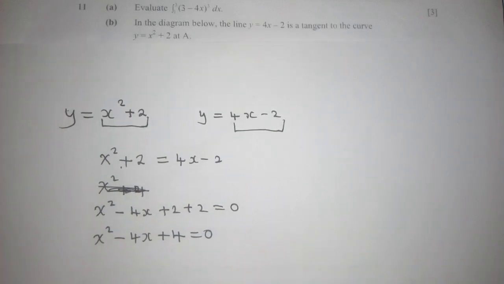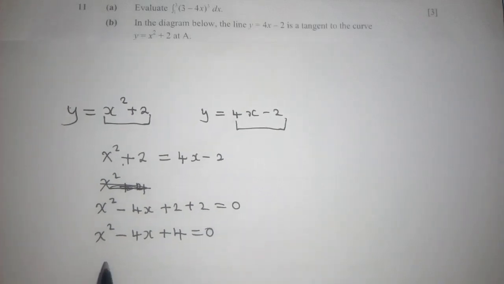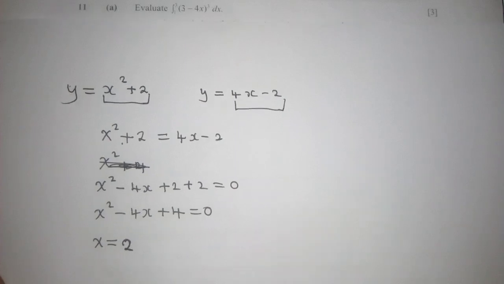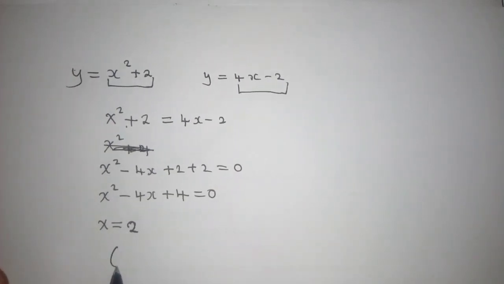This is a quadratic equation. So now you solve the quadratic equation. When you solve the quadratic equation, you find the value of x is equal to 2. So x will be equal to 2. So meaning we have found x, we need to find the y.